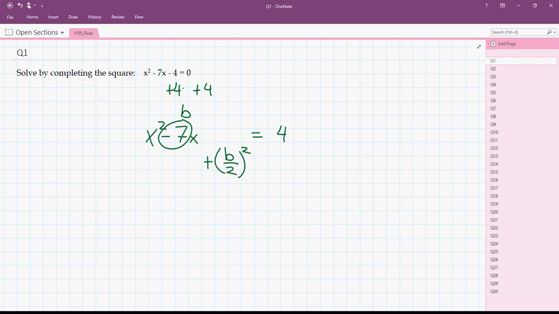So I'm not going to factor that or calculate it. I'm just going to leave it as is. So I'm going to add negative 7 over 2 squared. And algebraically, whatever you do to one side, you have to do to the other. So I'm also going to add negative 7 over 2 squared here.